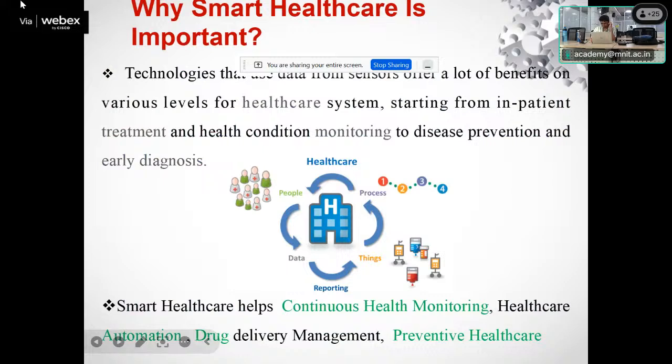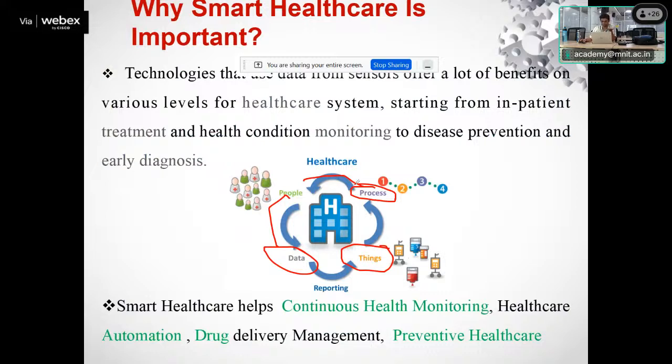So why is smart healthcare important? When I talk about IoT, consider that there are things, which are nothing but wearable sensors that generate data from a patient. That data generated from a patient is processed through some sort of algorithm, and through that algorithm you derive some decision.